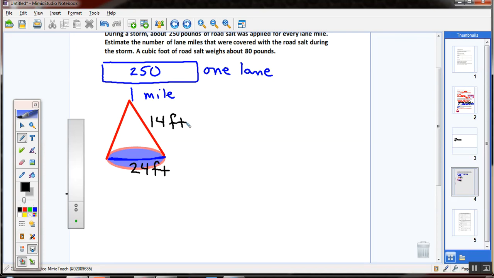Okay, so we need to first of all do the following. Salt here has a certain volume. Take a look at your last page. What's the volume formula for a cone? I think we wrote down pi r squared times height divided by 3 yesterday? No, we didn't. Okay, so let's do that right now.